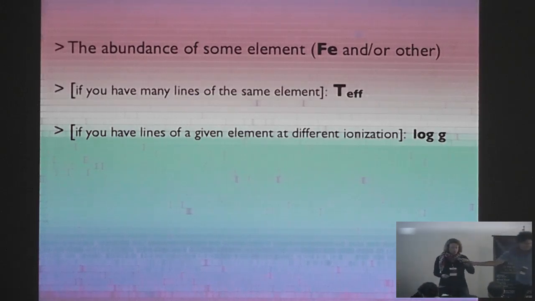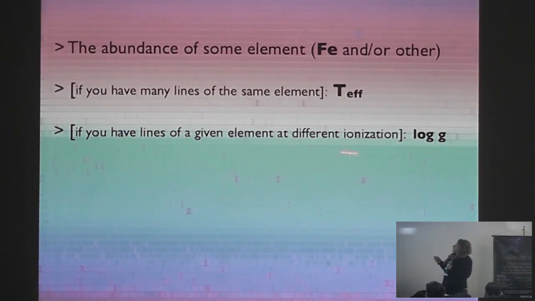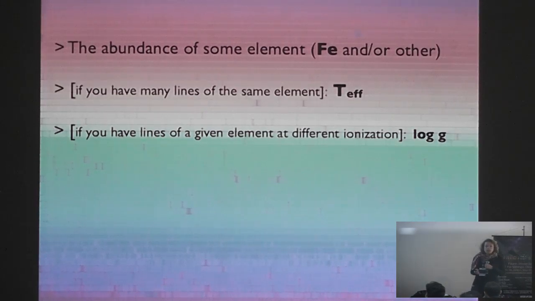And if you have lines of the same element at different ionizations, for instance neutral iron and ionized iron, then you could also constrain gravity. If you remember, this was necessary because gravity or electron pressure entered in the Saha formula that governed the degree of ionization of an element.